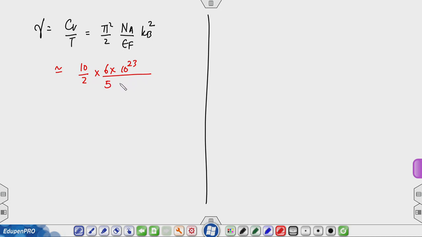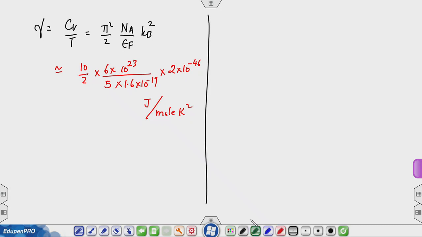So, 5 times 1.6 times 10 raised to minus 19 times Kb square, which is 1.4 times 10 raised to minus 23 whole square. So, that is roughly 2 times 10 raised to minus 46 joules per mole Kelvin square.